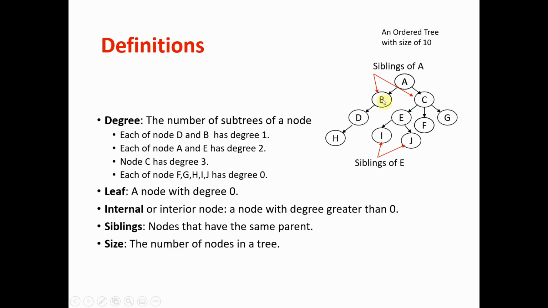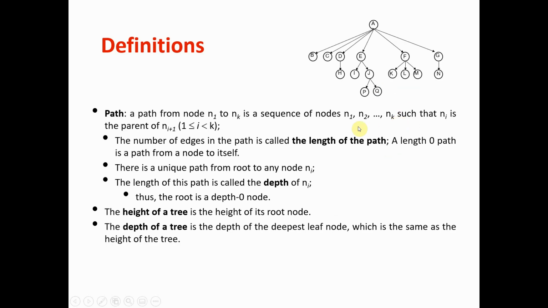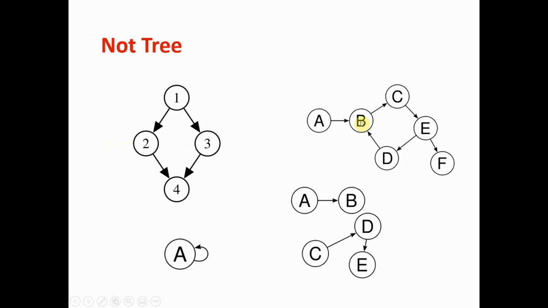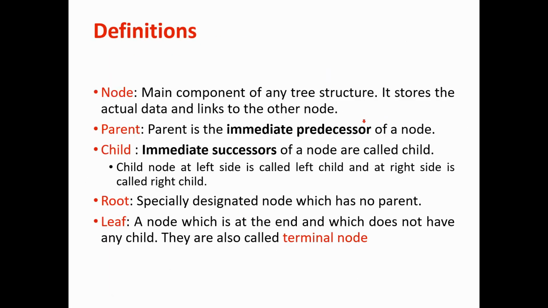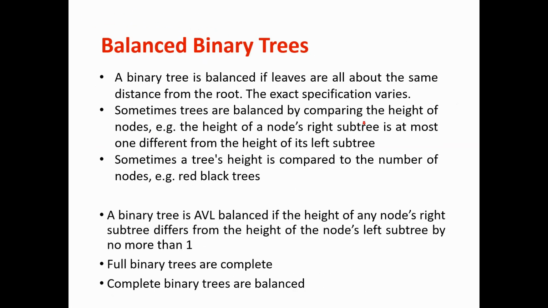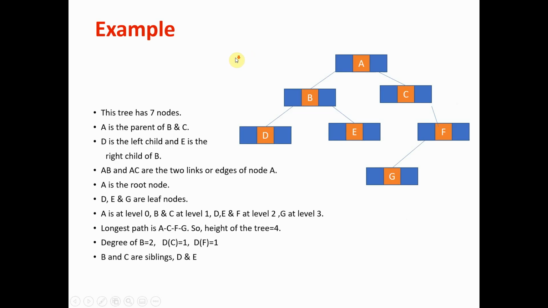Okay, this is a binary tree, but it's not a binary search tree. Sorry, this one is also not a binary tree because C has 3 children. Let me see if I have a binary tree example in the slides. No, I don't. We'll see more about balanced binary trees, complete and full binary trees later on.